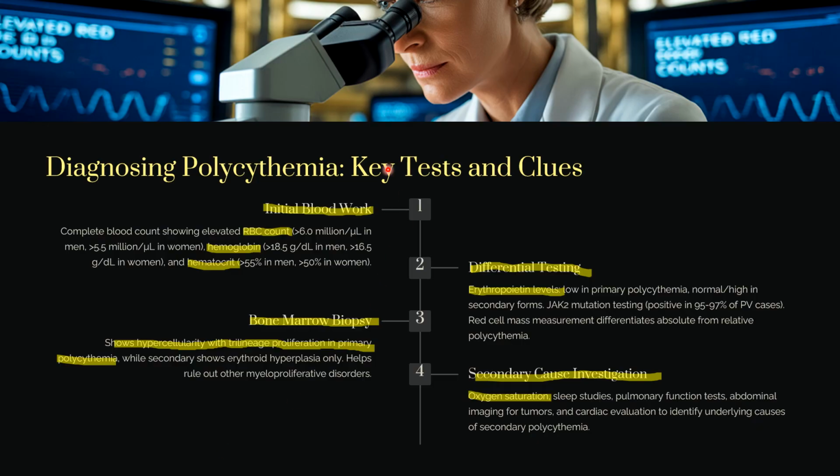Number one, the initial blood work, where you do the CBC, complete blood count, which will tell whether the RBC count, hemoglobin, or hematocrit (PCV) value is high. Then differential testing, where we see whether the erythropoietin level is normal or higher. Next, the bone marrow biopsy, where there will be hypercellularity in the bone marrow. Lastly, we have to confirm the oxygen saturation.